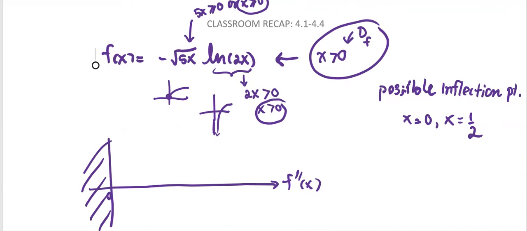So x equals 0 is not in the domain because of the restriction here, x has to be strictly greater than 0. So then it comes down to only one possible inflection point.